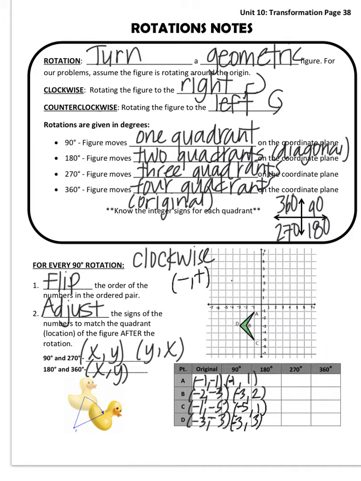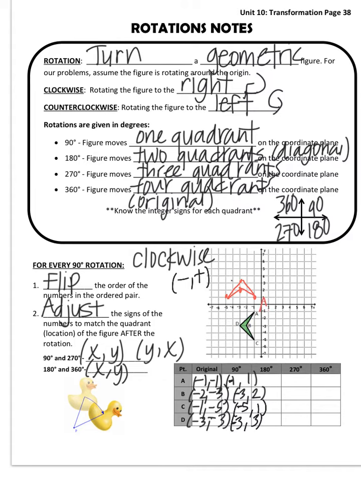Okay, so that's what we mean by adjusting the sign. So we have -1, 1, -3, 2, -5, 1, and -3, -3.